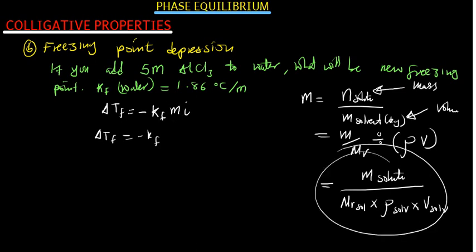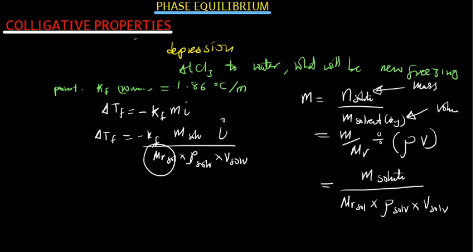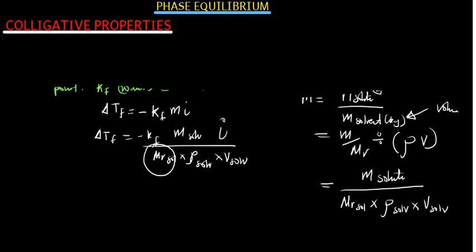So just substitute that formula: mass of solute divided by molar mass of solute multiplied by the density, if they've given you the density of the solvent, multiplied by the volume of solvent, and then you also have the Van 't Hoff constant i here. So if you want to calculate this, you just substitute in the other values which have been given, and that will be it. Well, now that we've looked at the freezing point depression, let's look at another colligative property.